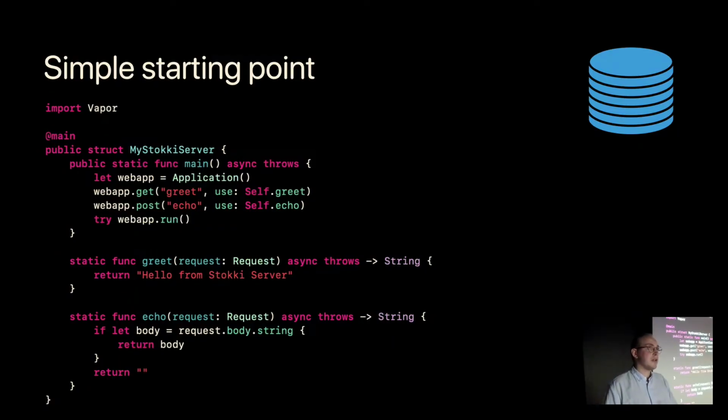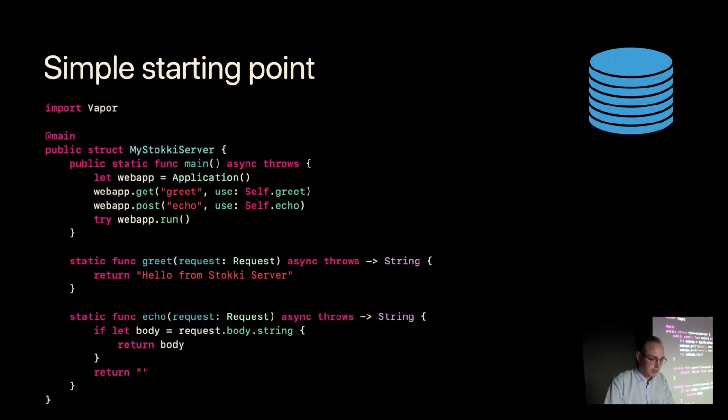Then we set up a get route with an endpoint called greet. So that's going to translate into opening a URL /greet, and then you can return some information from there. And that then uses the greet method, which handles the request and returns some sort of data.